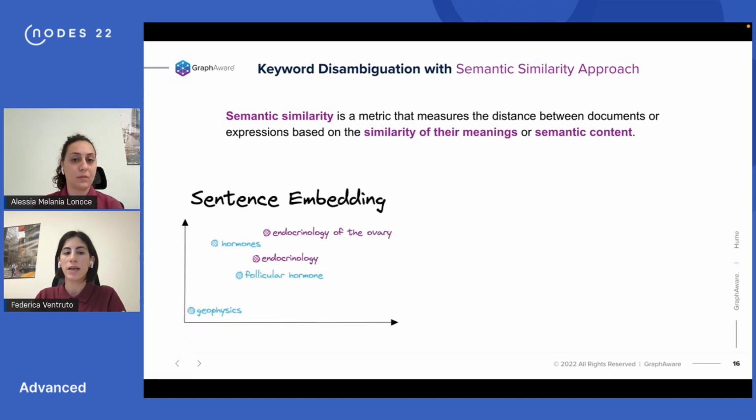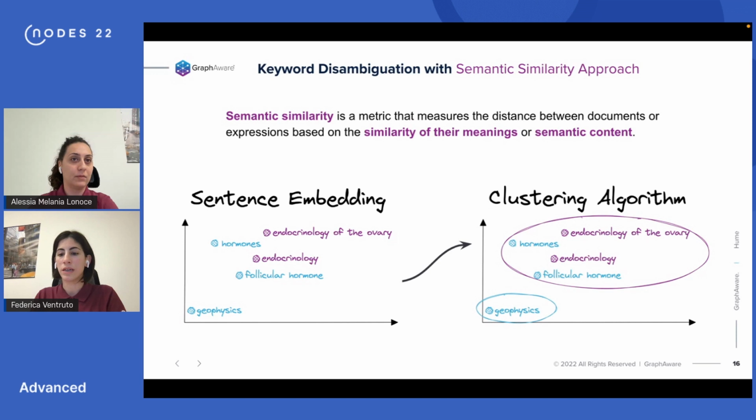The first one involves a sentence embedding algorithm that understands the meaning of a sentence and represents it using a vector with its meaning. And the second step involves a clustering algorithm that clusters and groups vectors that are close in the vector space and that represent similar sentences. And let's ask Alessia to explain better this semantic similarity approach.